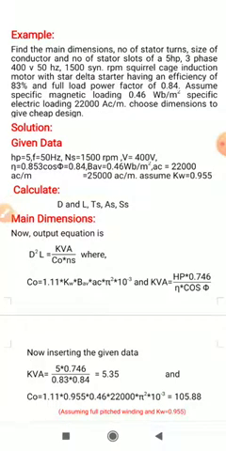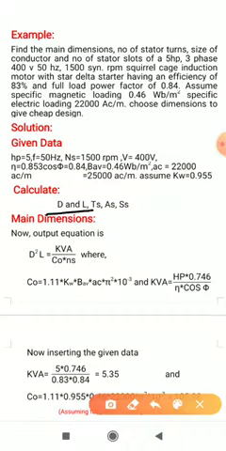Now first we will calculate the main dimensions D and L from the output equation. D square L is equal to kVA divided by CO into NS, where CO is the output coefficient and its value is 1.11 kW BAV AC pi square into 10 to the power minus 3.